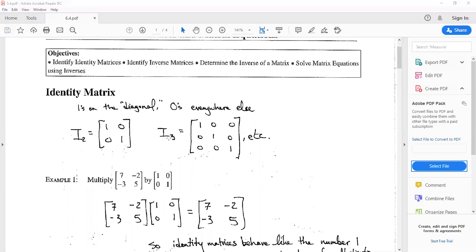The 3 by 3 identity matrix is the matrix whose first row, first column entry is 1. Its second row, second column entry is 1. Its third row, third column entry is 1. And every other entry is 0. Etc., and what I mean by etc. is that we have one for 4, 5, 6, and so on.